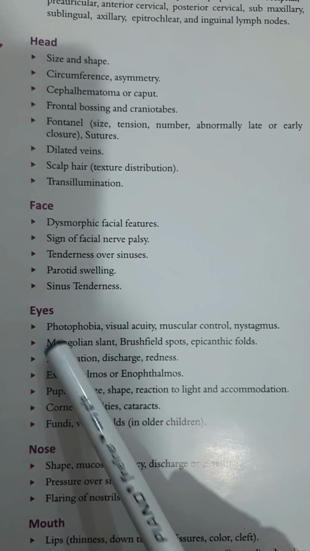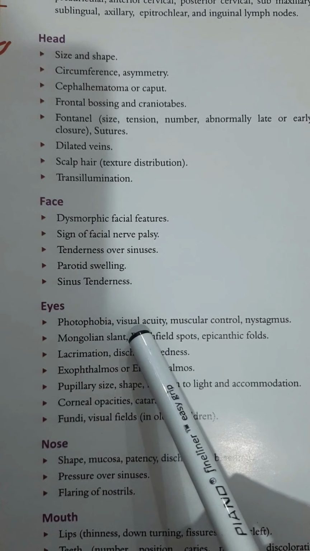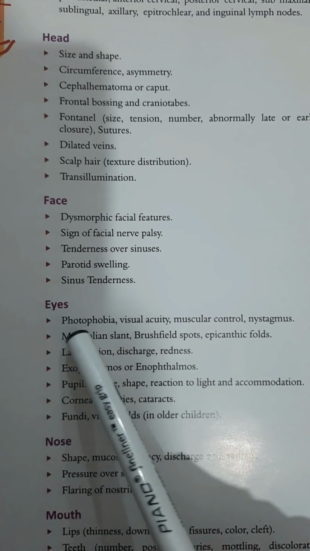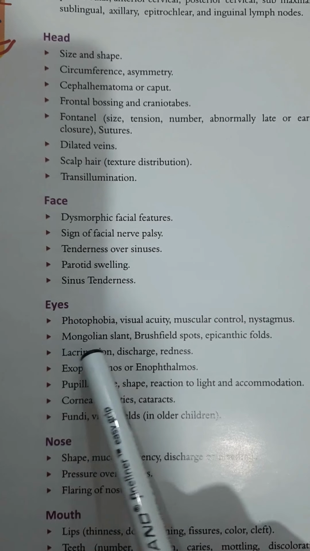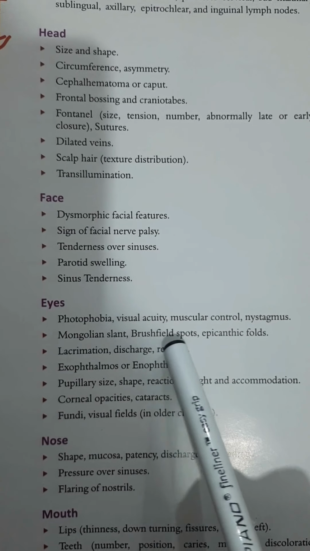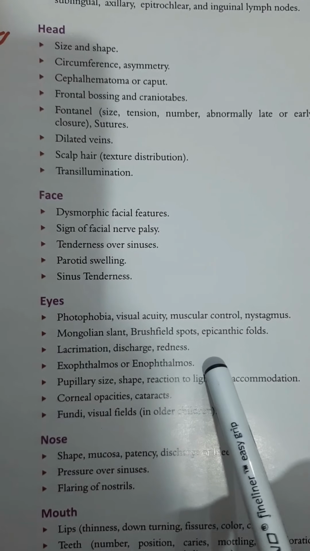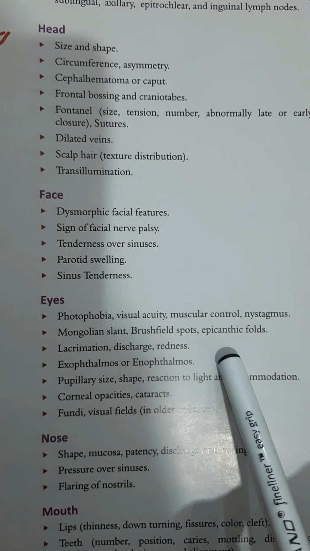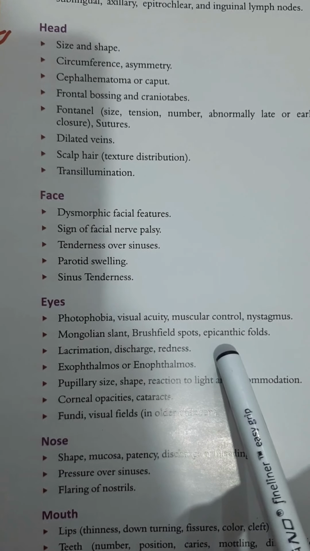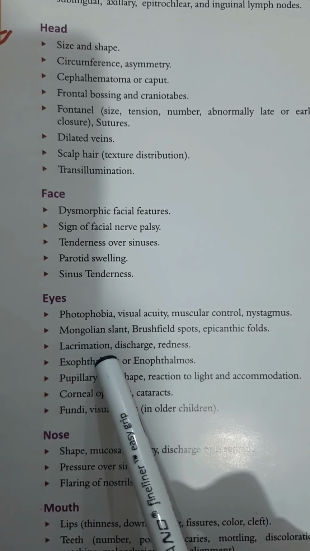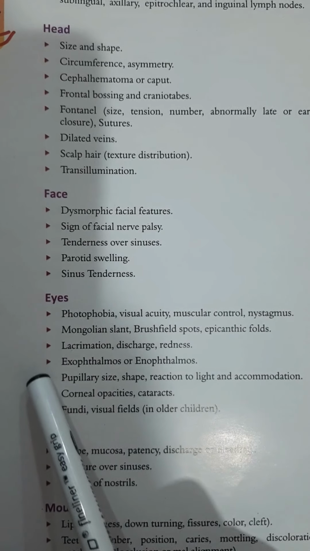Coming towards the eyes, photophobia, visual acuity, muscular control, and nystagmus are checked. Mongolian slant, Brushfield spots, and epicanthic folds are checked, which help make the diagnosis of Down syndrome. Then we can see the lacrimation, discharge, and redness in the eyes.